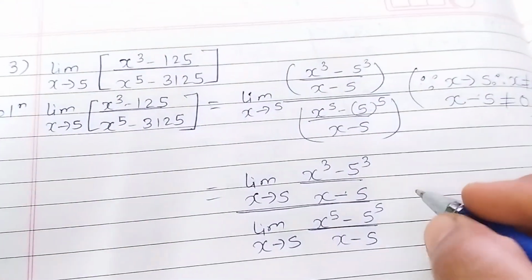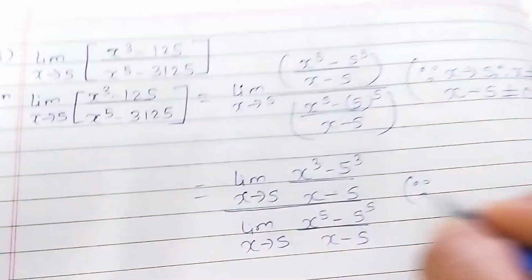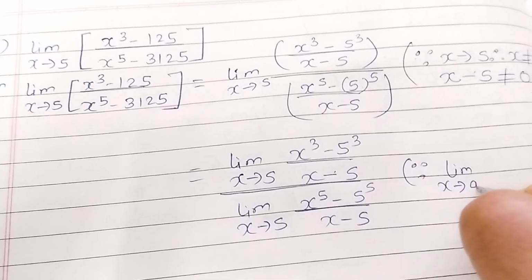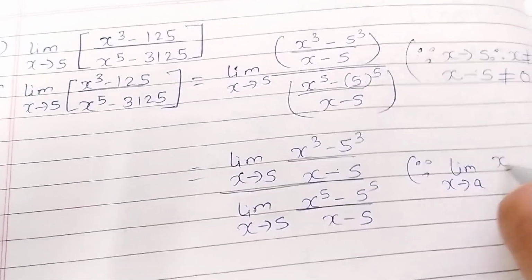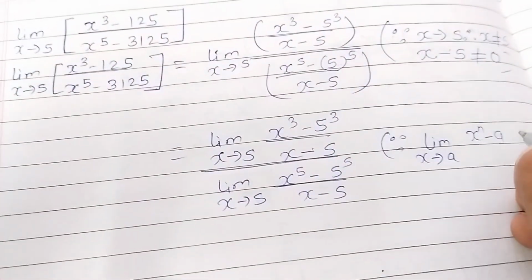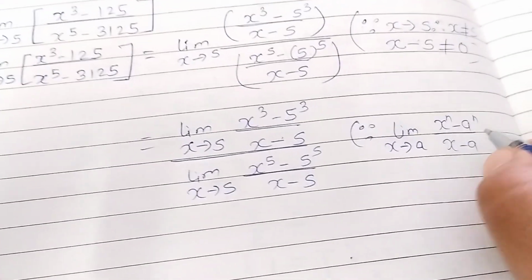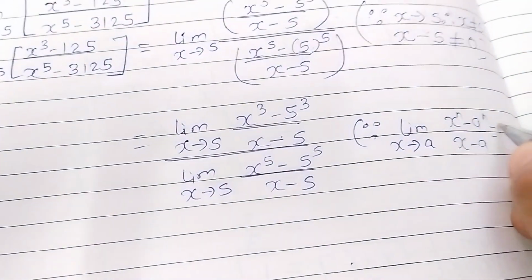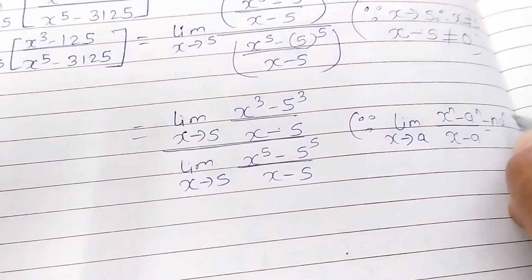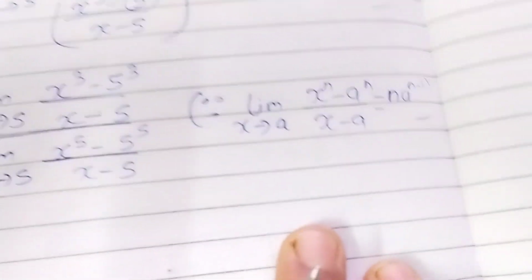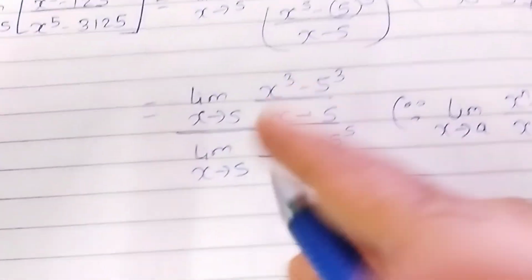Second one, now apply that formula. Since limit x tends to a, then x raised to n minus a raised to n and upon x minus a is equal to n a raised to n minus 1. ये फॉर्मूले अप्लाई करेंगे. So n a raised to n minus 1.